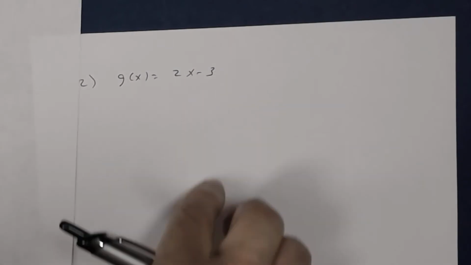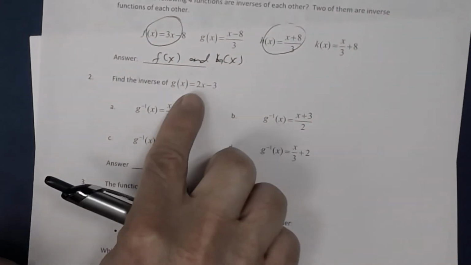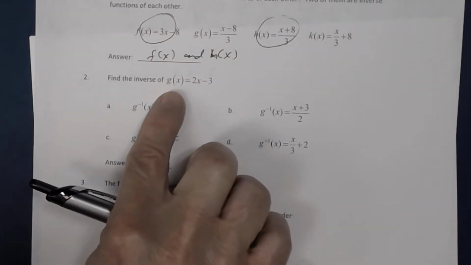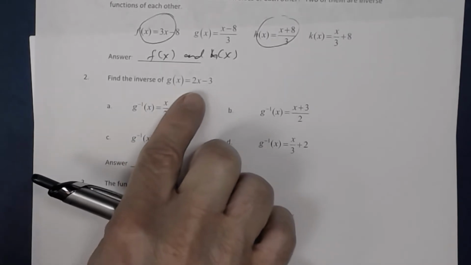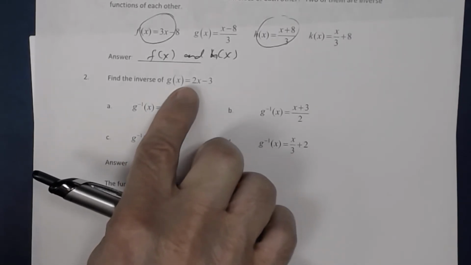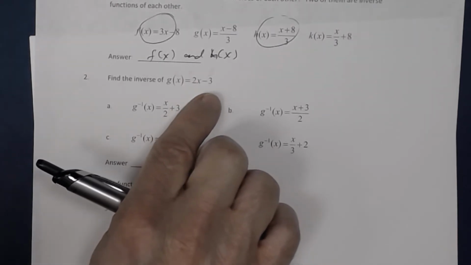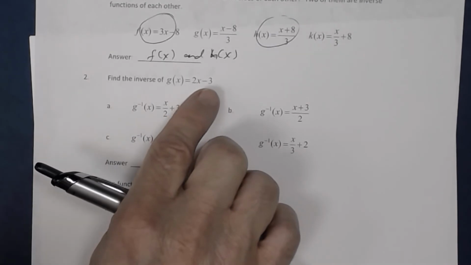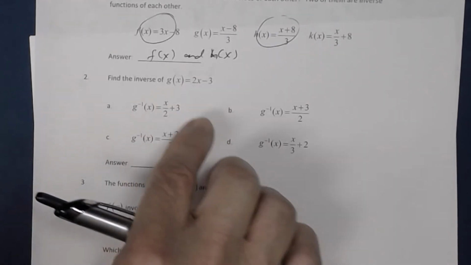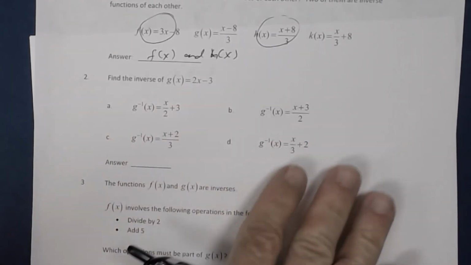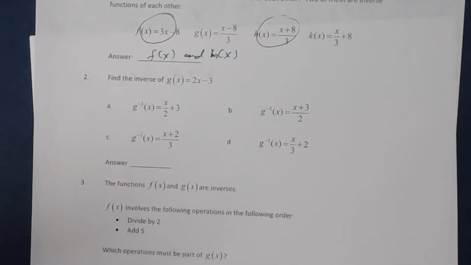You don't really have to show the work. Because you see what this says? This says that g of x takes x, multiplies it by 2, and then subtracts 3. So the inverse, listen to the words, will do the opposite: the inverse will add 3 and then divide by 2.